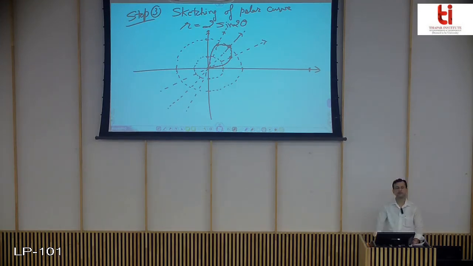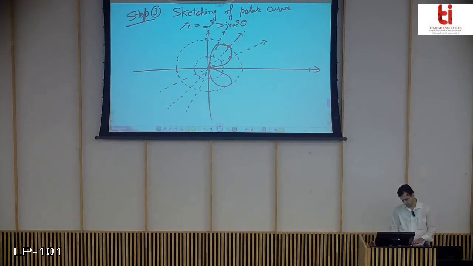Now let us use the symmetry to complete the graph. Since the curve is symmetrical about the x-axis, the graph above the x-axis will have a mirror image on the downside of the x-axis. So you will get something like this.